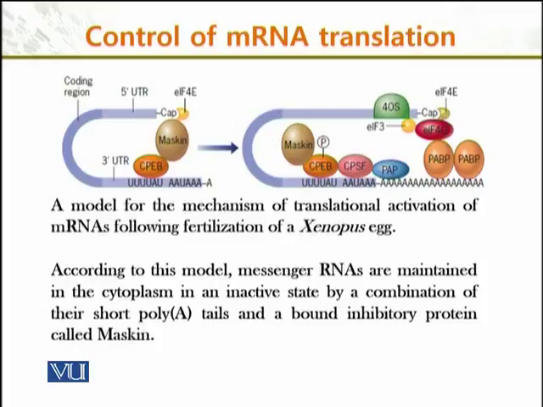But when it is controlled, the poly-A tail at the 3' end starts increasing, the masking protein is removed, and the inactive messenger RNAs start to act in the cytoplasm.